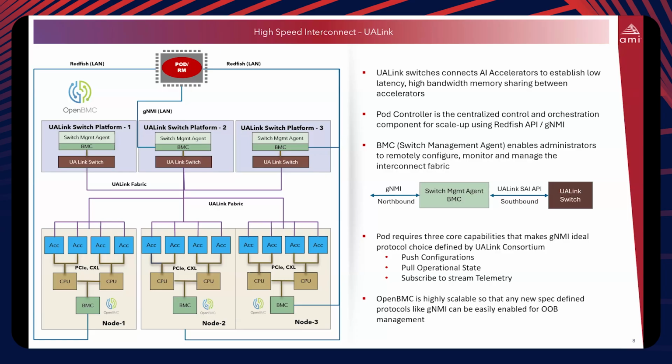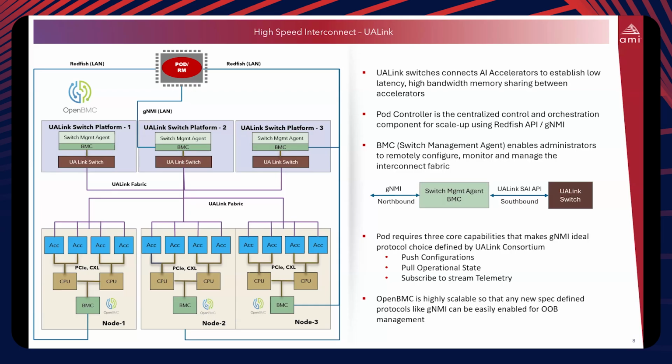And let's take a scenario, right? For example, a user wants to do DNA sequencing. For that, let's say he instructs the pod that I need to allocate 10 accelerators to run my DNA sequencing job, and the pod in turn communicates to the switch management service in the BMC.